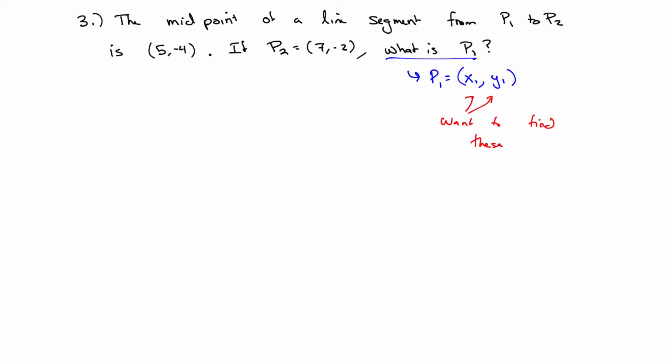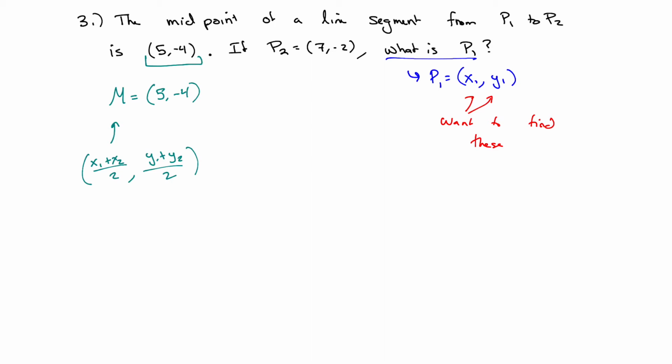Well, there must be something given in the problem that gives me enough of the information. They tell us that this is the midpoint, so M is 5, negative 4, right? But we also know that the midpoint is x sub 1 plus x sub 2 over 2 and y sub 1 plus y sub 2 over 2.